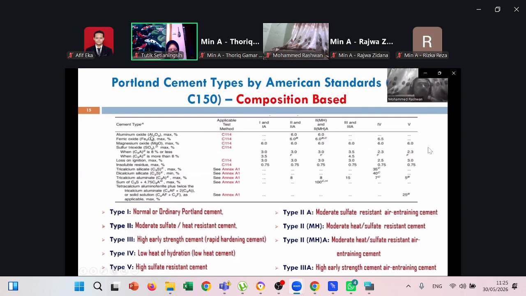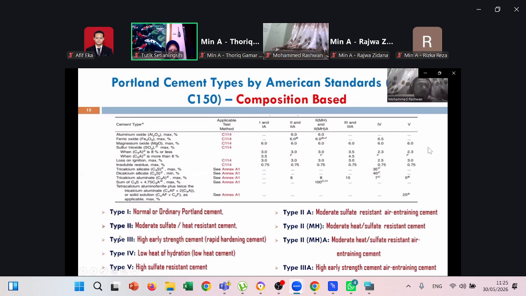For example, the percent of aluminum oxide for type 1 is not specified, so any percent is allowed. Magnesium oxide for type 1 must not exceed 6%, and sulfur trioxide must not exceed 3 to 3.5%.